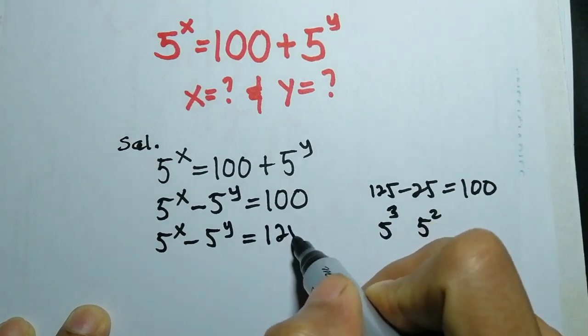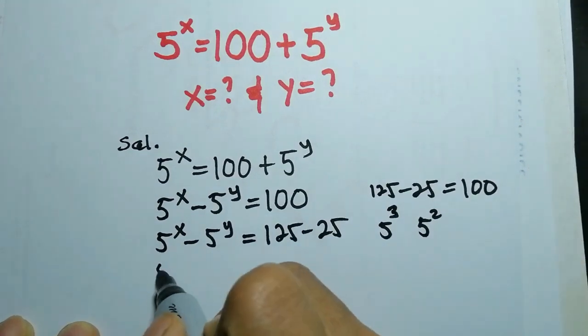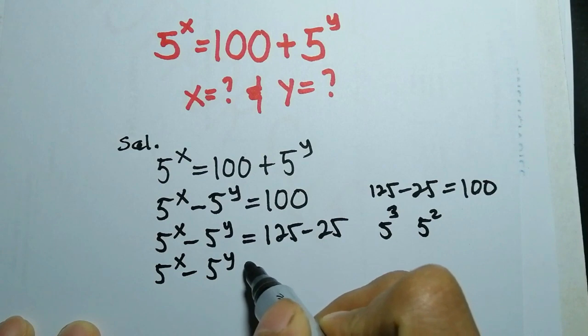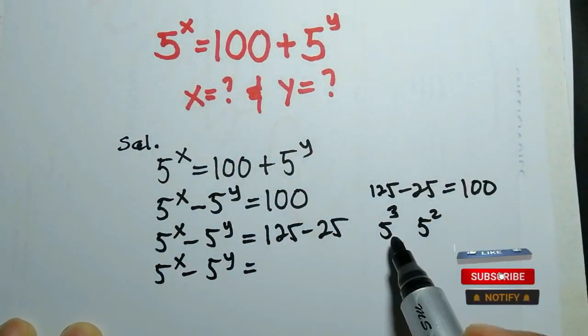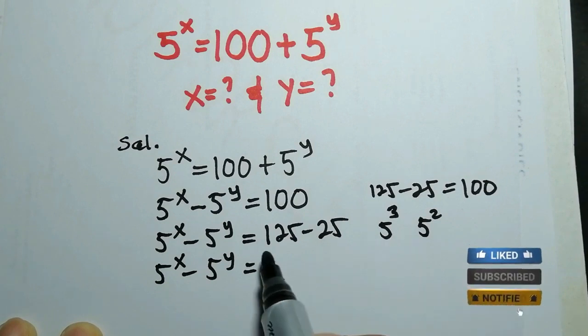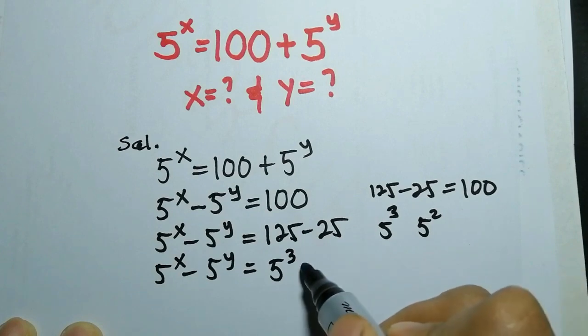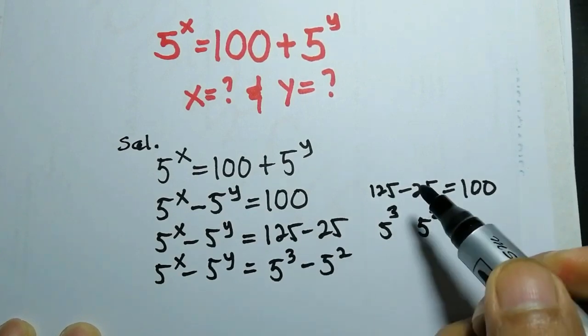The prime factor of 125 is 5 raised to 3, minus 25, the same as 5 raised to 2.